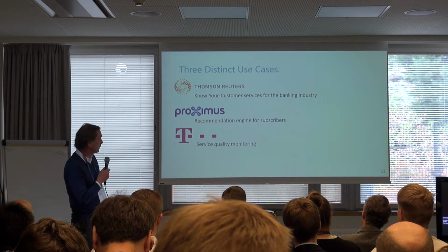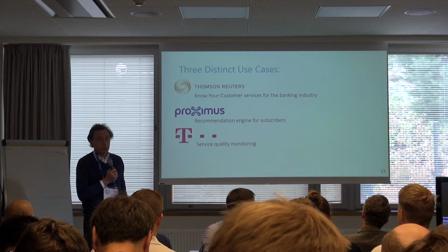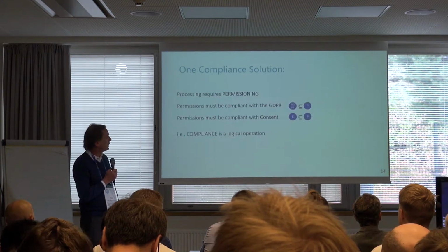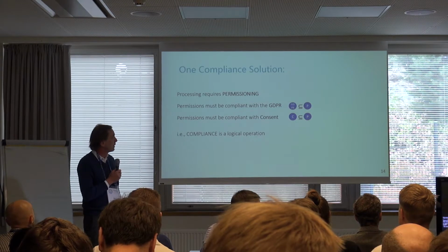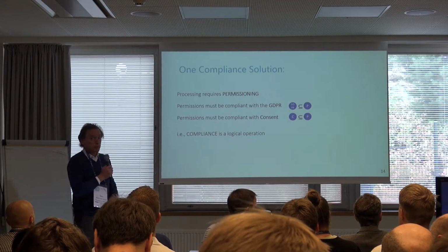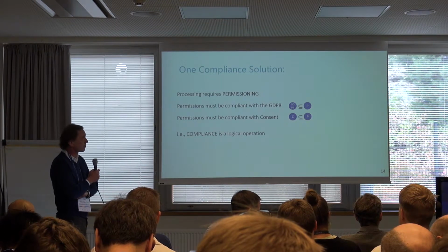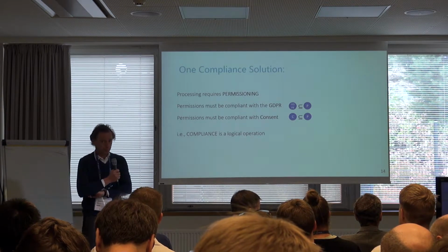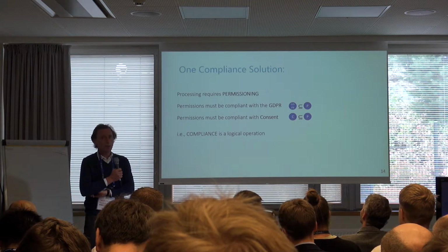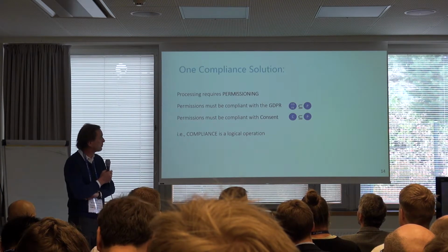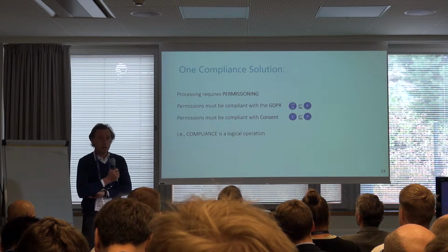So how can we do these 3 things and stay compliant with GDPR? All of these things are done at scale, so we need an automated solution. And fundamentally, there's one solution that underpins all of these use cases. Every piece of processing requires permissioning. So you must have a permission to do this processing, and that permission must be compliant with the GDPR.